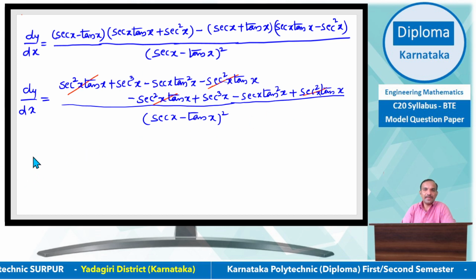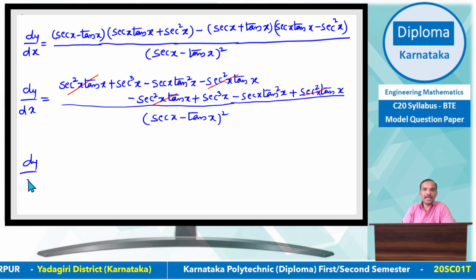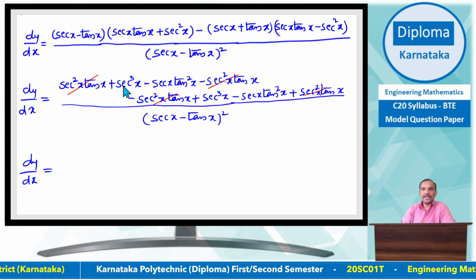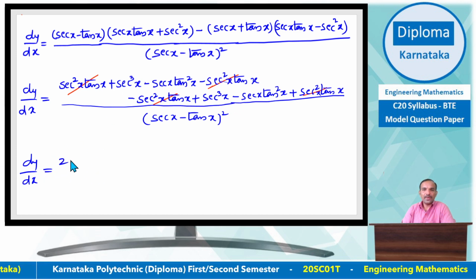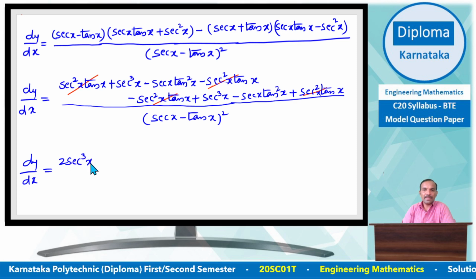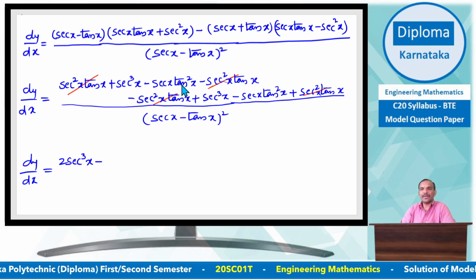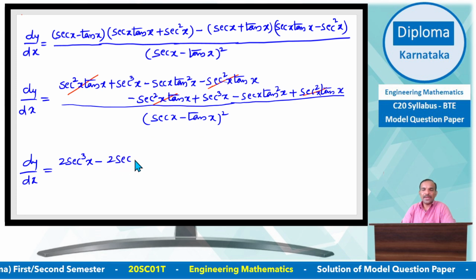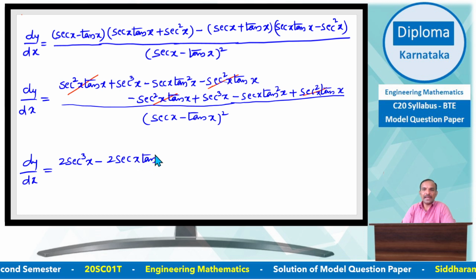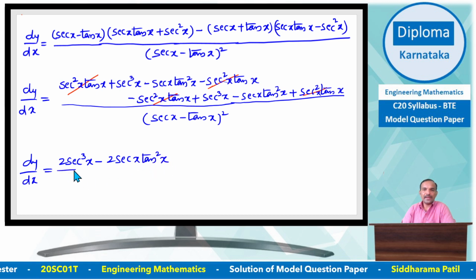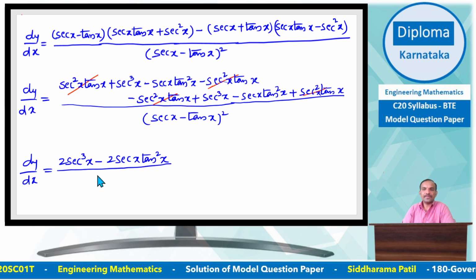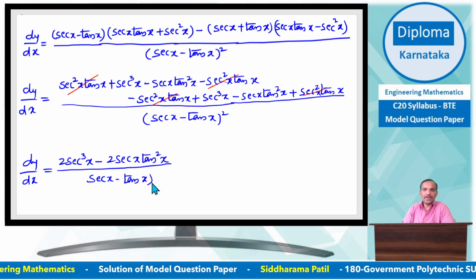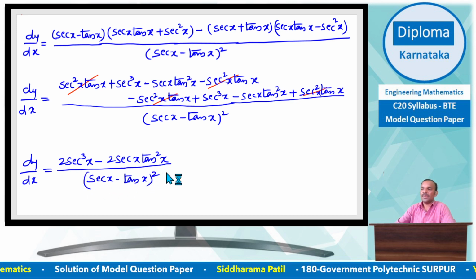Now the remaining term: dy by dx is equal to sec cube x plus sec cube x, which is 2 sec cube x, minus sec x tan square x, minus sec x tan square x, which is 2 sec x tan square x, divided by (sec x minus tan x) whole square.